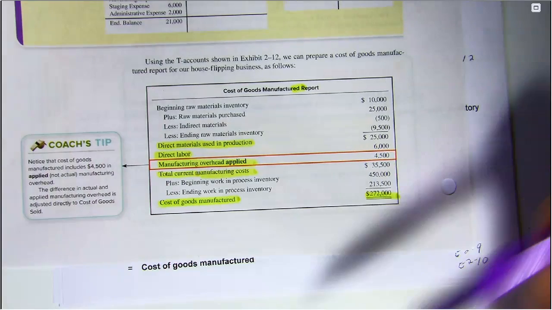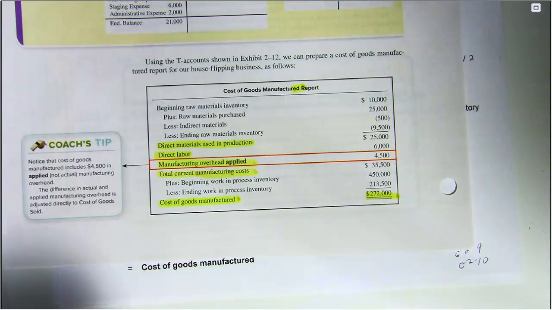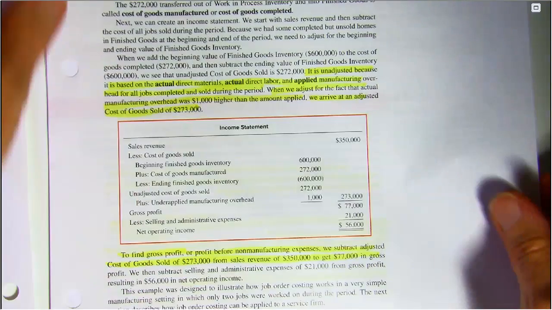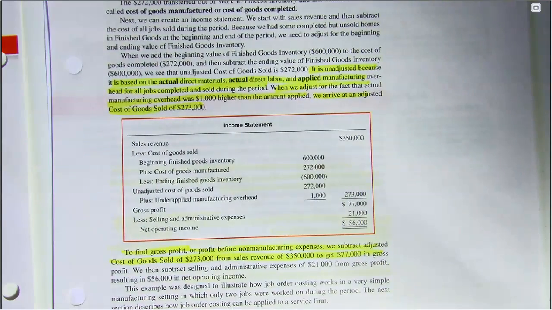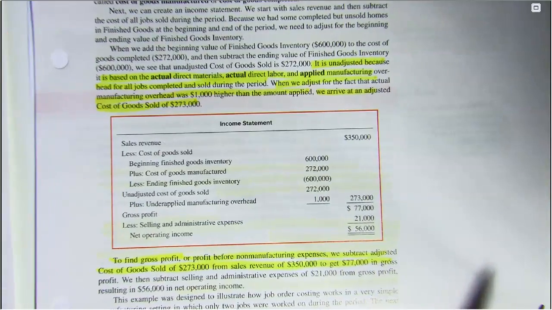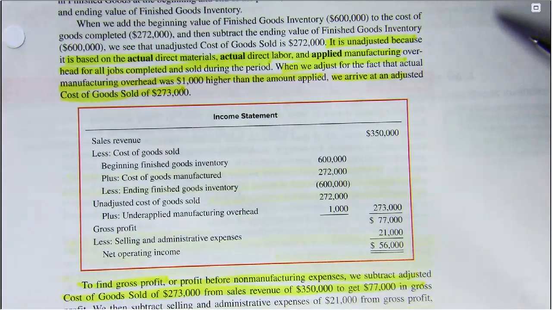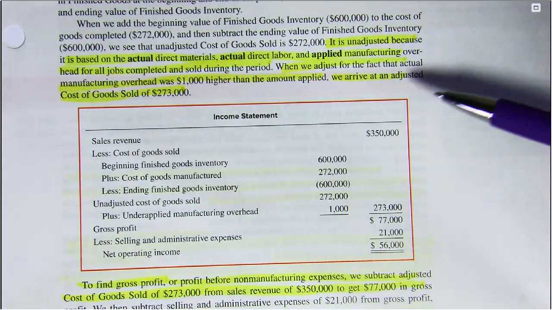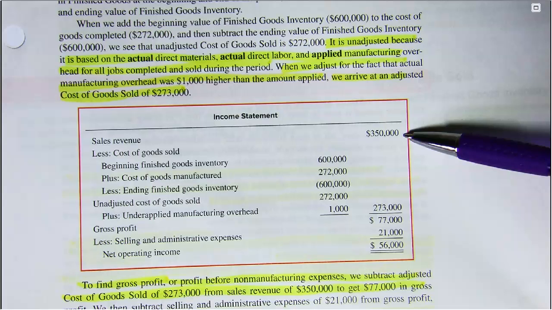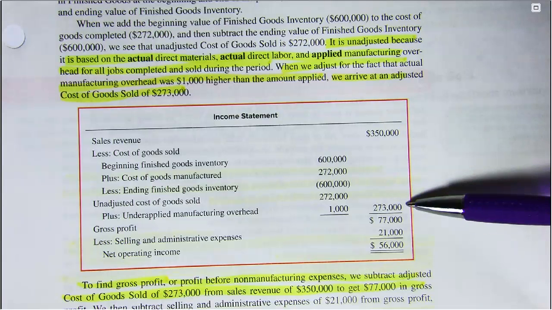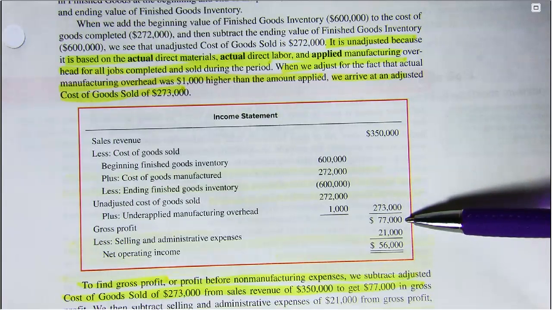Okay, now let's take a look at our income statement for a manufacturer. And here's our income statement. If you remember from Accounting 116, sales revenue minus the cost of goods sold equals gross profit. Now it's just going to be a little bit more complicated calculating the cost of goods sold.